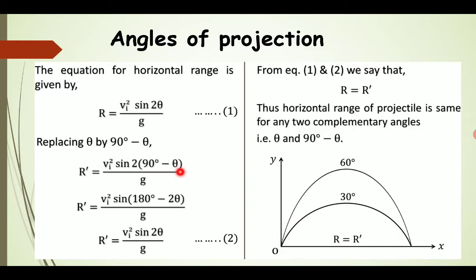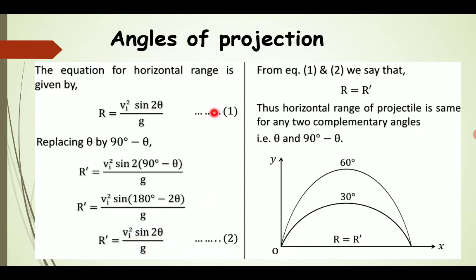The new range is equal to v_i squared sin 2(90 minus theta), or sin(180 minus 2 theta). And we know that sin(180 minus theta) is equal to sin theta, so sin(180 minus 2 theta) becomes sin 2 theta. So the new range is equal to v_i squared sin 2 theta upon g.